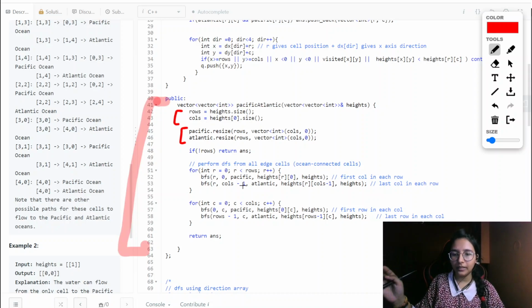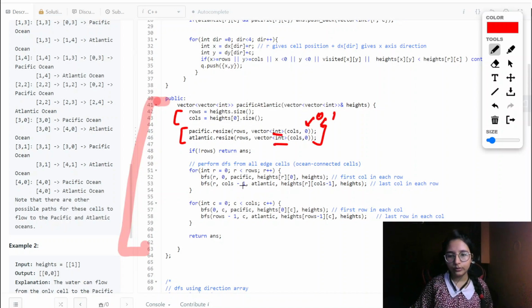So we would be required to pass an ordered map for doing our DFS. Rather than using a map, because we don't require them to be in sorted order, right? That's why I used vector int here, and you could even use vector boolean rather than int, but we can do it by storing 0 or 1.